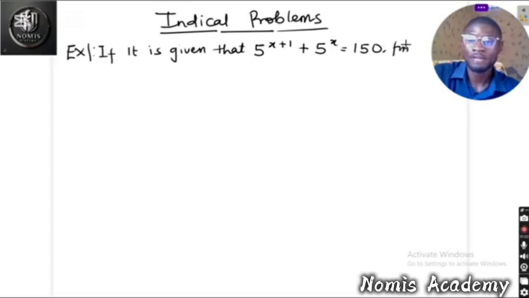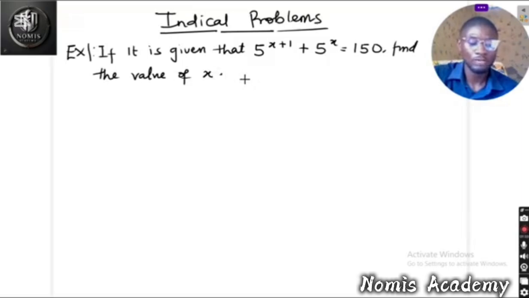Find the value of x. So how do I find the value of x in this situation? So let's go into the solution and see how we can find the value of x.